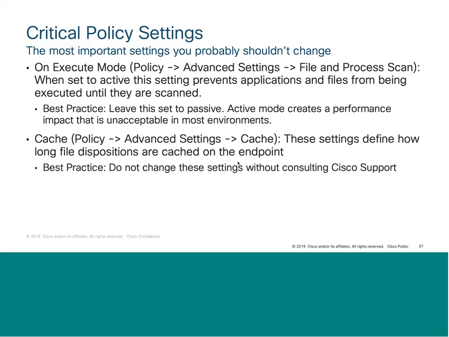It will grab that file handle when the user double clicks it and it will hold on to it until the AMP connector gets a disposition return from the cloud servers. Now, that round trip averages 200 milliseconds, but to the user, 200 milliseconds is 4 or 5 seconds delay. It feels like that to them, but it actually isn't.